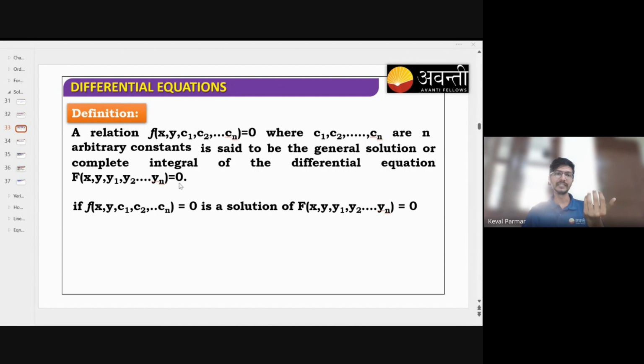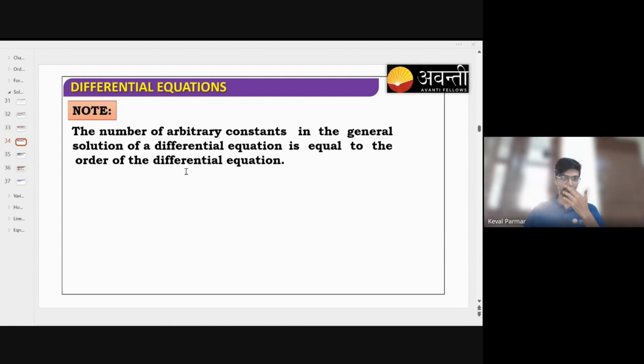Obviously, when we differentiate, the arbitrary constants will be gone. So the reverse process of formation of differential equation is solution of differential equation. That means in formation, we used to differentiate. In solution, we'll integrate. I hope it is clear.